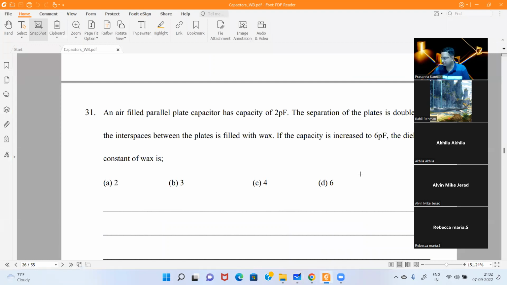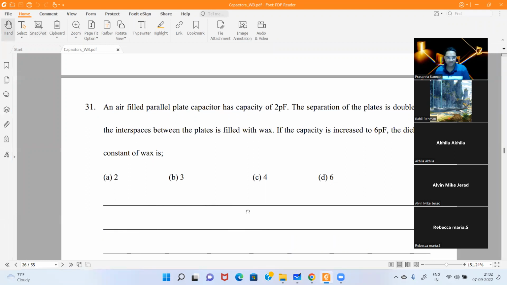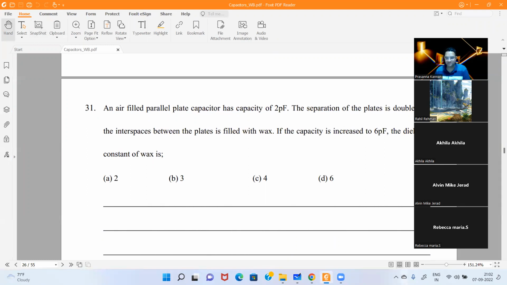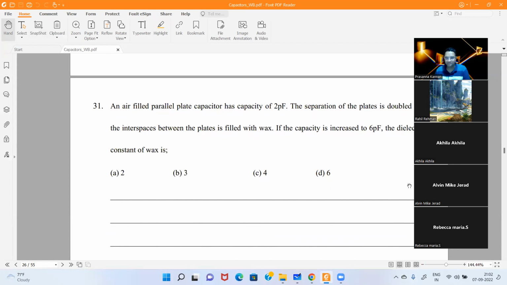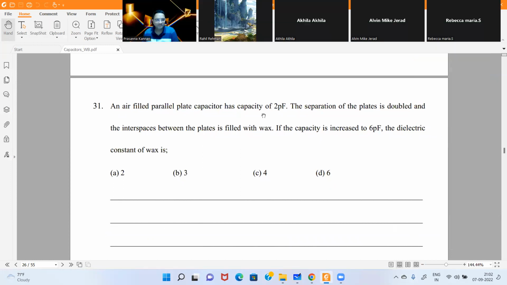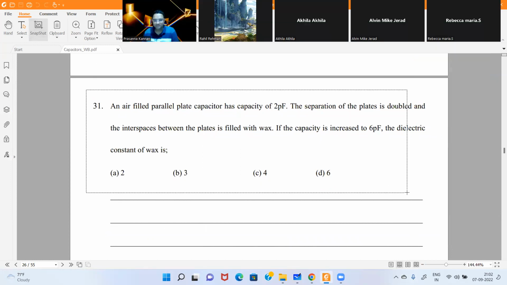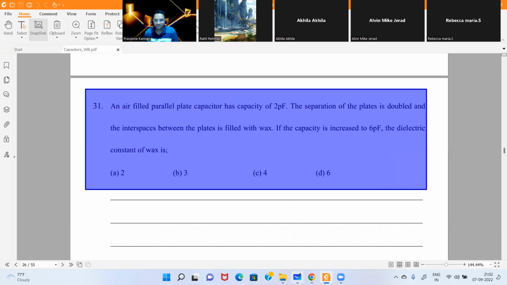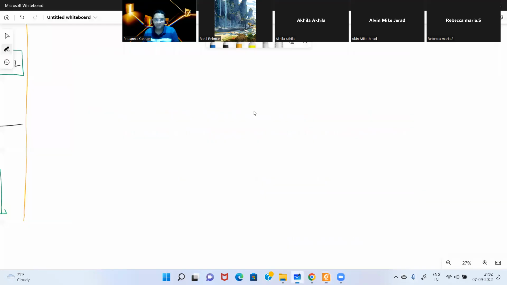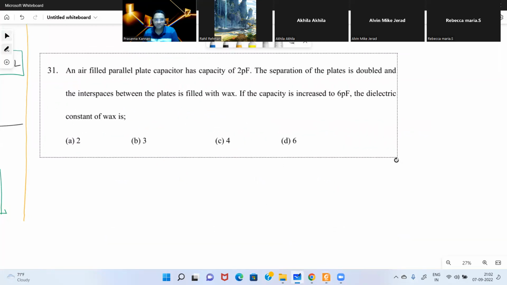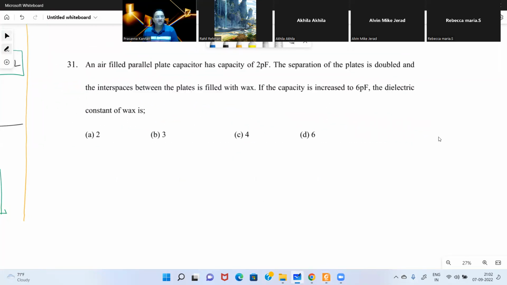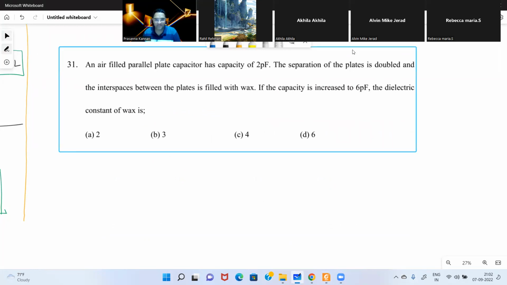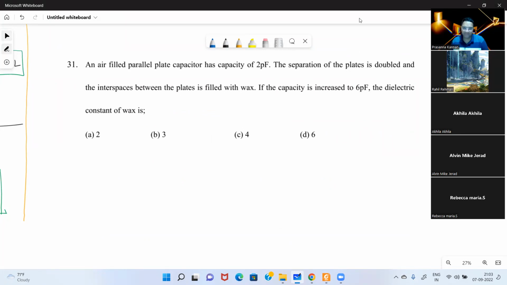Now let's look at the first question in dielectrics. An air-filled capacitor has a capacitance of 2 picofarad.